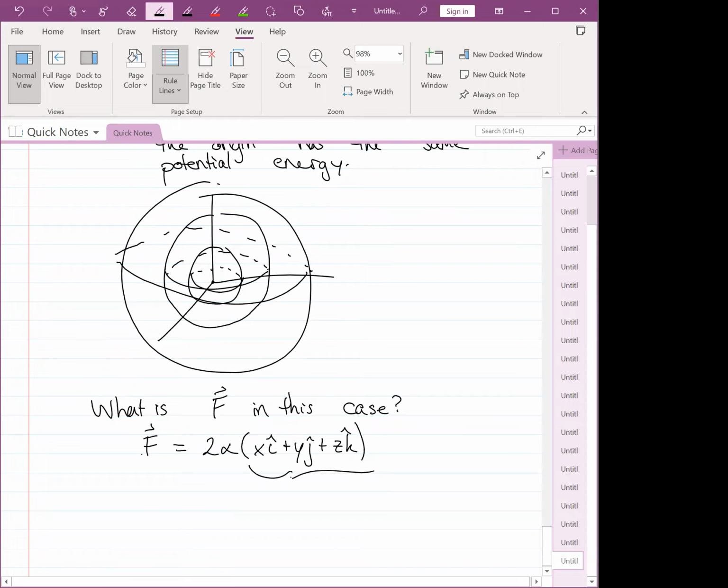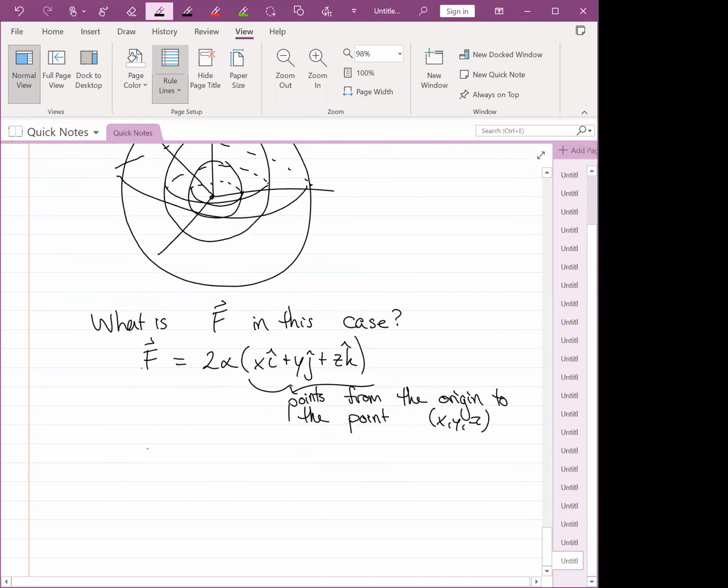But note that this vector points from the origin to the point x, y, z. So for example, it would point like here. The vector would be like this if it points at a point x, y, z. So it points precisely from the origin to the point x, y, z.